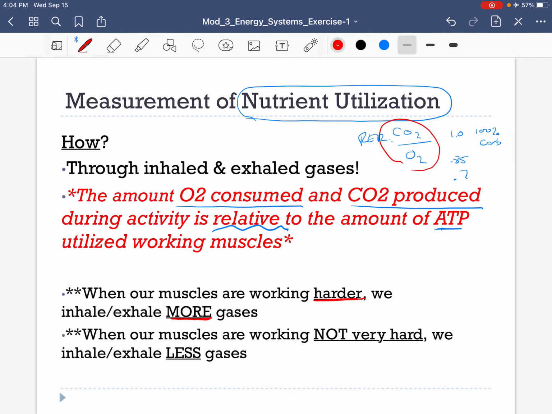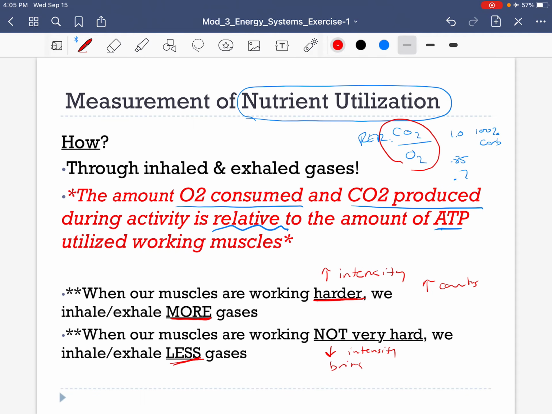And of course, when our muscles are working harder and we're exhaling and inhaling more gases, that can tell us something about the nutrients that we're burning. At a high intensity exercise, we're going to be burning more carbs. At a lower intensity exercise, we aren't going to bring in as much gas.